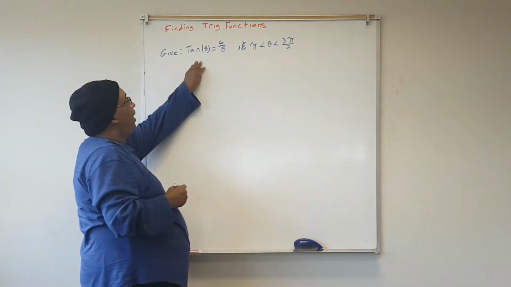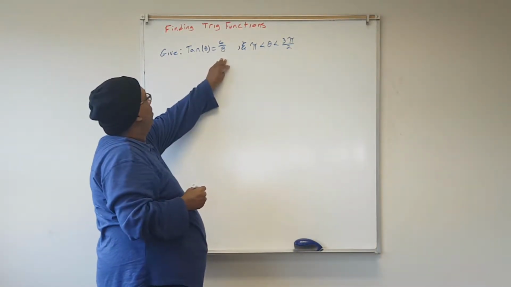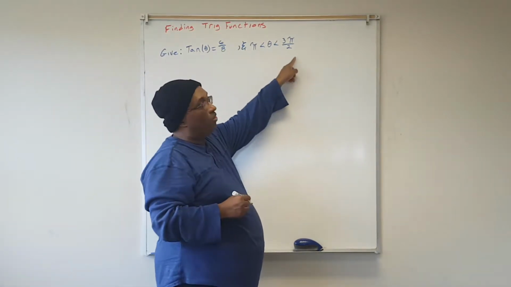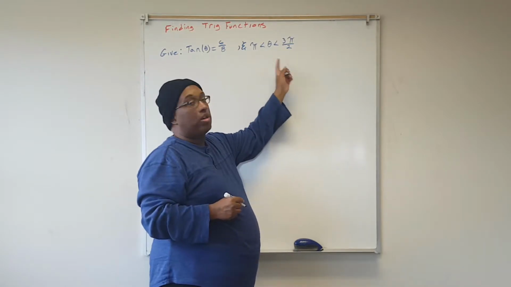We have tangent theta equals 6/8 and theta is between pi and 3 pi over 2. So let's make a triangle.